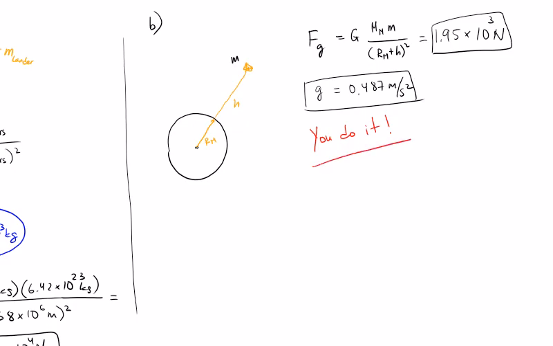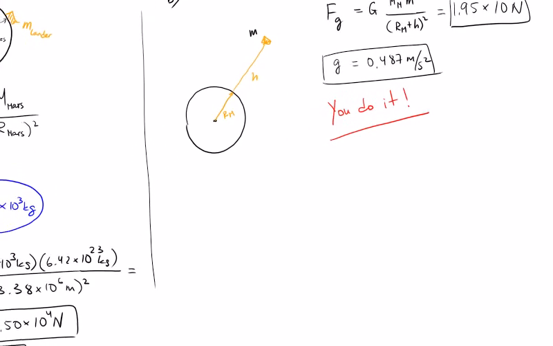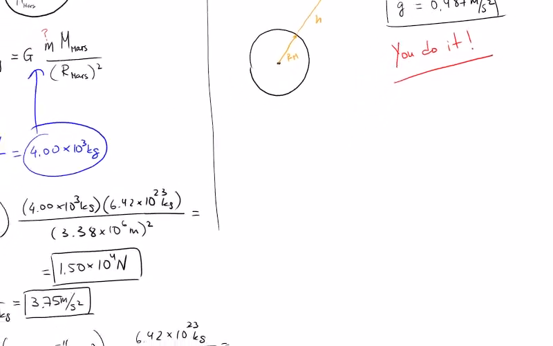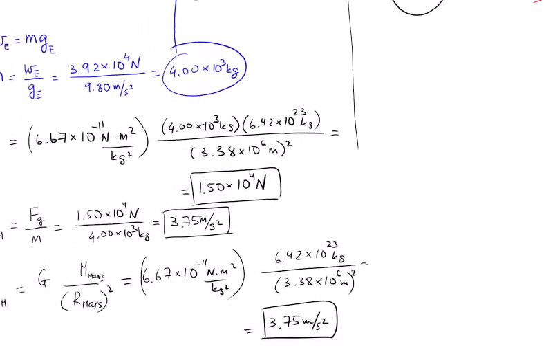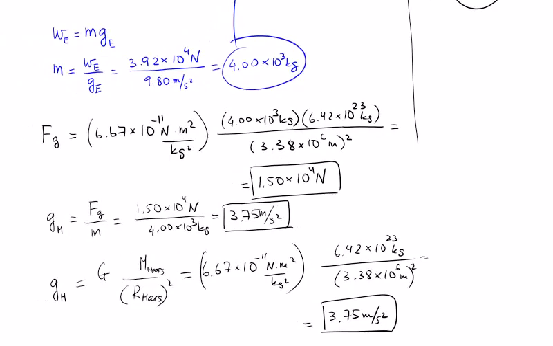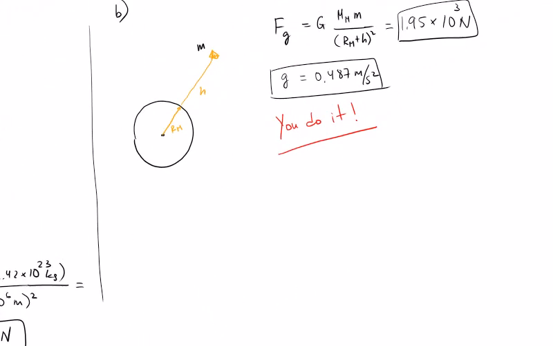If you look at the answers that you are supposed to get, you will see that the gravitational acceleration, 3.75 on the surface and 0.487 at the height of 6 million meters above the surface, are greatly different from each other.